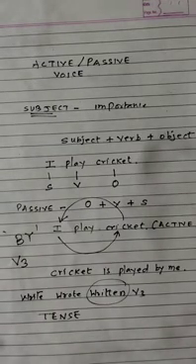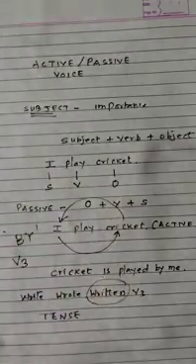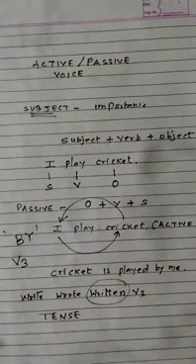Dear children, if you know all the tenses, then only it is possible for you to attempt active and passive voice. Because tenses are very important in this. When we change a sentence from active to passive, the tense should remain same. The tense is very important.